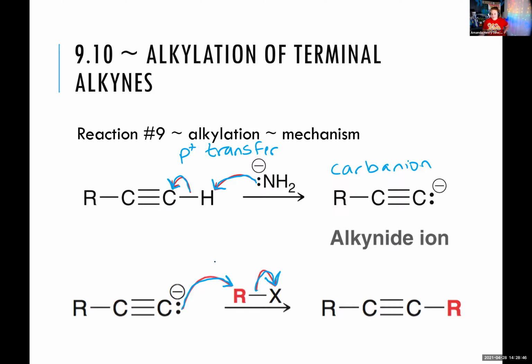Any thoughts? Oh, I see in the chat. Perfect. In the chat, we got nucleophilic attack. It's exactly what's going on here. And then what about our other arrow, the one that's going from the bond onto our halogen? What type of step is that one?